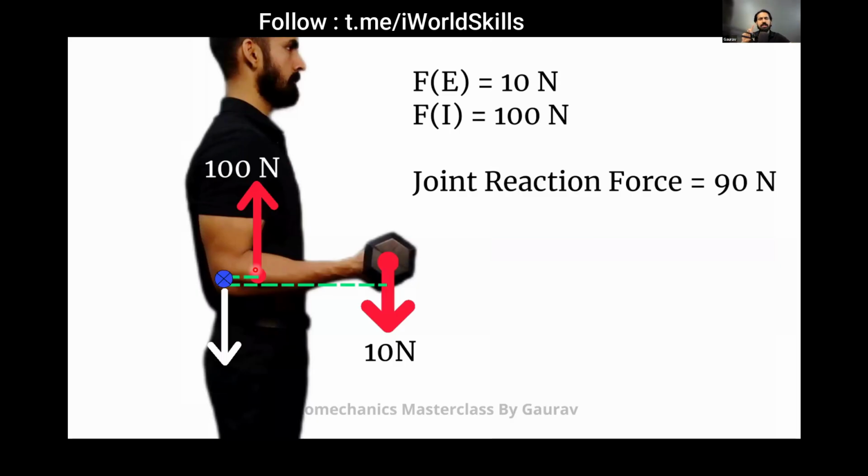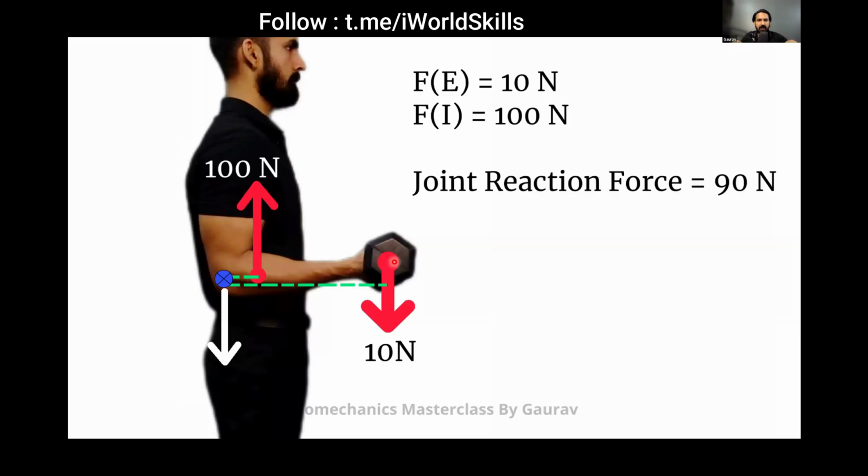Correct. Now, the most straightforward way for me to reduce the joint forces is to reduce the weight that I'm lifting. If I reduce the weight that I'm lifting, the joint forces are going to reduce.